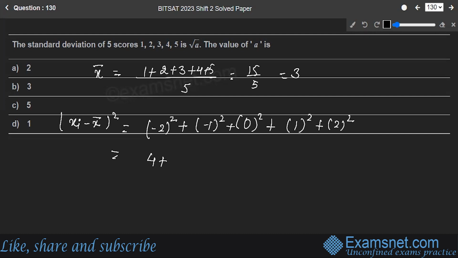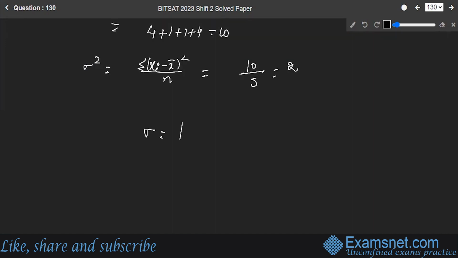So this is equal to 4 plus 1 plus 1 plus 4, that is equal to 10. Now the standard deviation square is given by the summation of (xi minus x bar) square divided by the number of terms. So you have 10 upon 5, which is equal to 2. So standard deviation comes out to be root 2.